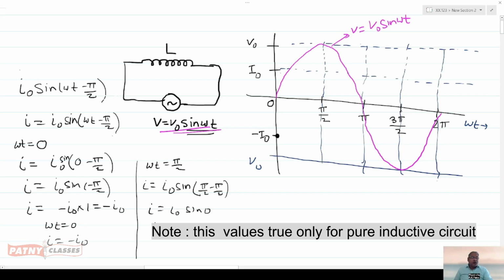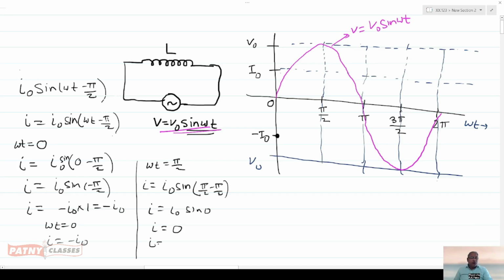Sin 0 is nothing but 0. Therefore I equals 0 at omega t equals pi by 2. This is the second point. After that, we will be joining all the points.